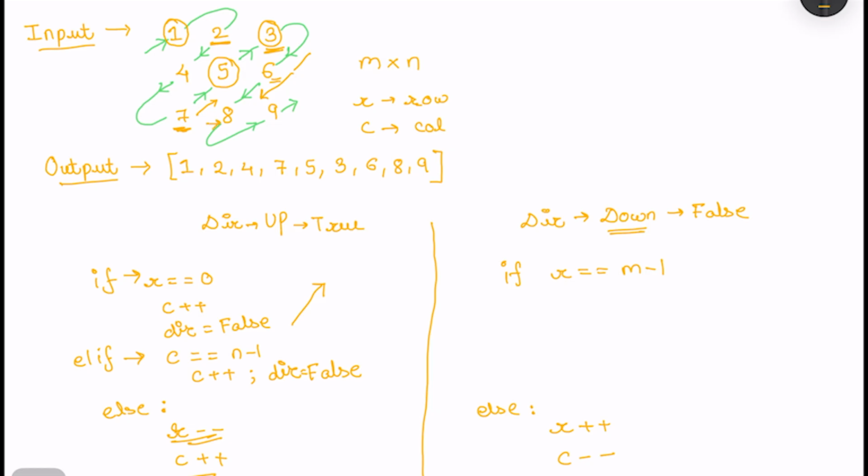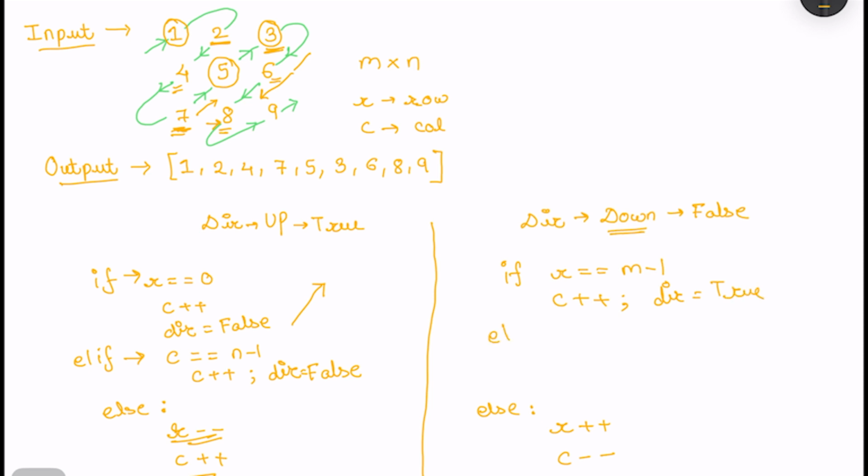Assuming I'm at 4, here we don't encounter such a situation, but if it is a 4 into 4 matrix, and we are at the last row, suppose at 8, and then we have to go to 9, how are we going to do it? We have to increment the column and set the direction as true.